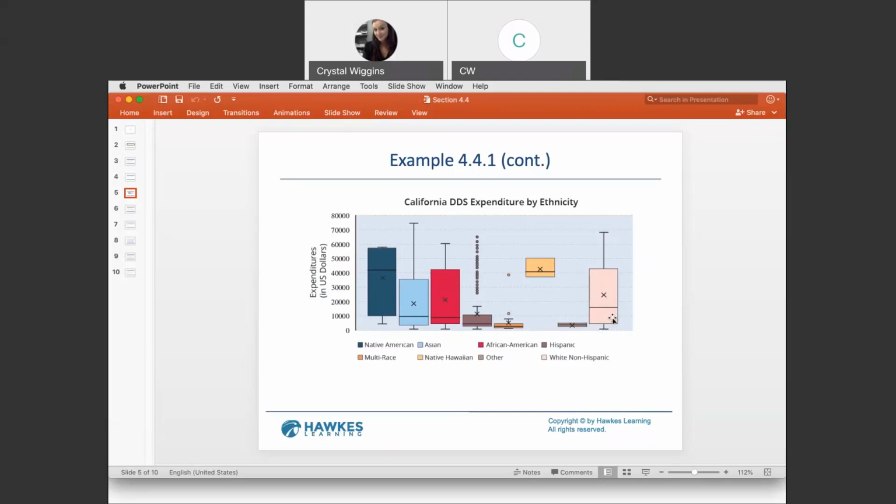It looks as if there are some races getting more money to help with certain things like education than other races. And if you look at these flattened box plots, it would look as if other, multi-race and Hispanic are not getting the money that the rest of the ethnicities seem to be getting.